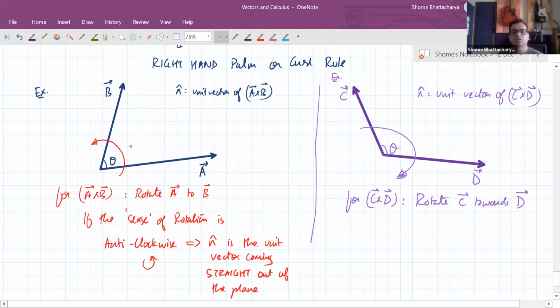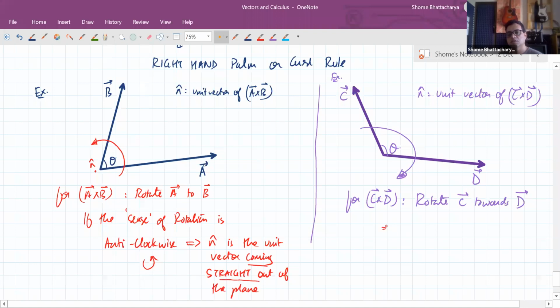Okay. So it's coming straight outwards towards you. So n cap would be shown with a dot as the tip of the unit vector which is coming out. It is coming straight out.